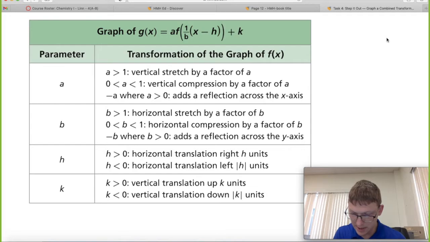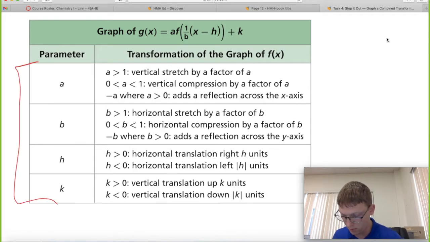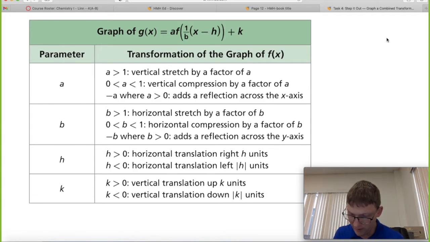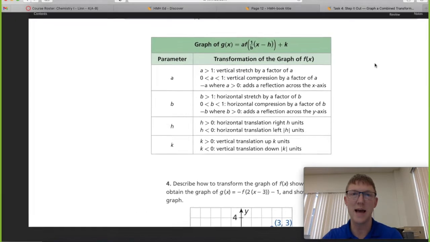And it tells you what all of them are right there. It also says things like if A is greater than 1, then it's a stretch. If A is in between 0 and 1, then it's a vertical compression by a factor of A. And then if there's a negative there, it adds a reflection across the x-axis. So this is a really, really great chart to have.